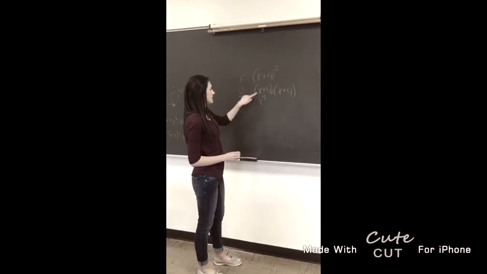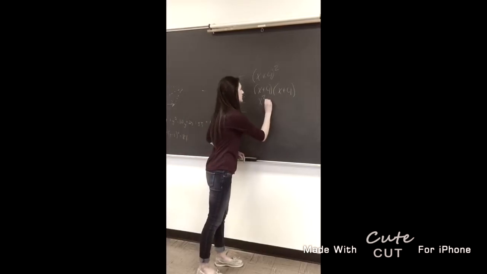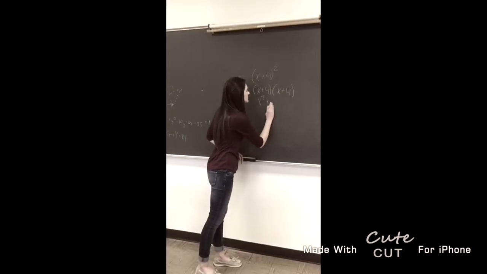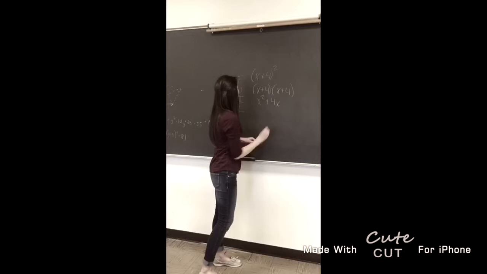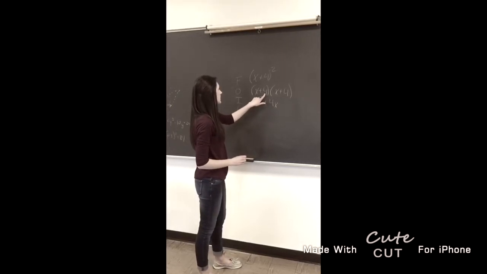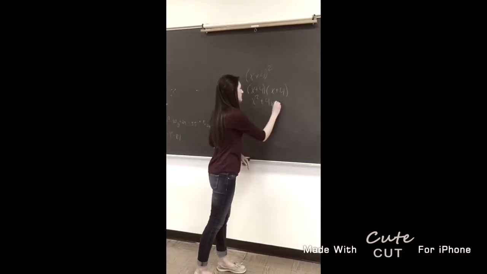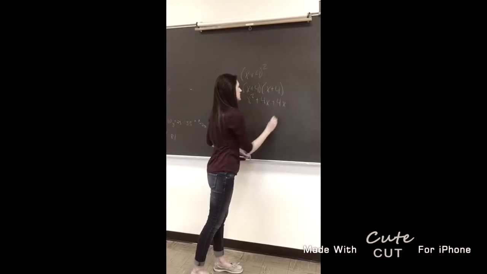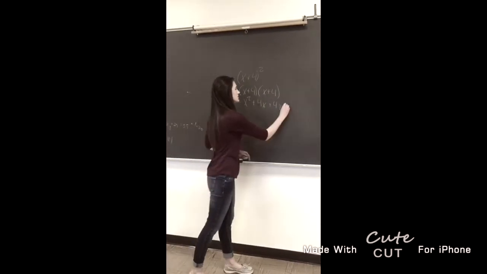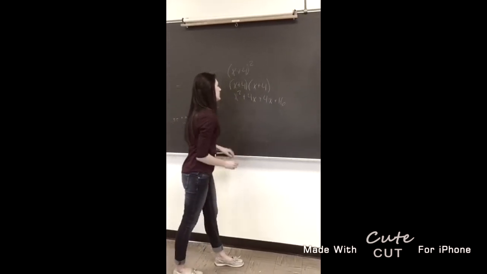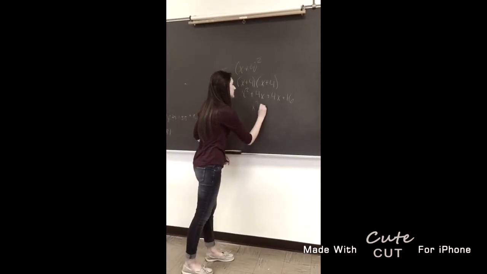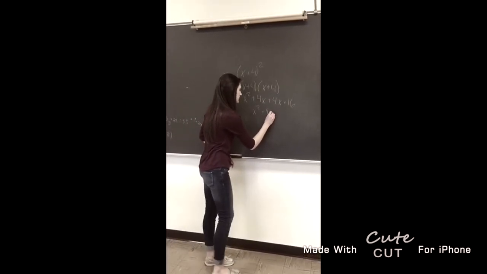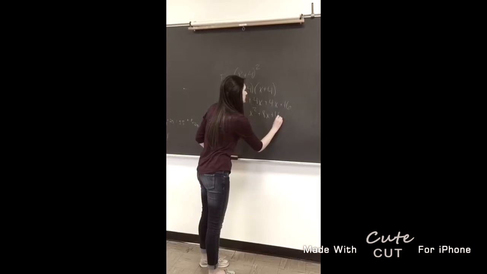Now the outside, take the first times the outside, 4x. Now you take the second and times it by the inside, plus 4x again. Now the last terms times each other. And then you add like terms, x squared plus 4x plus 16.